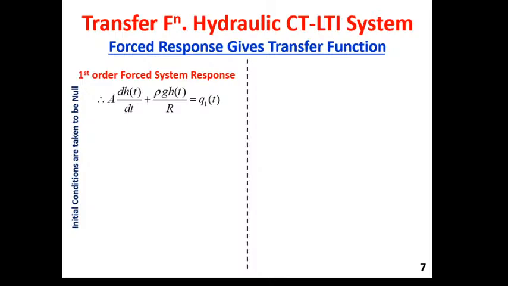The initial condition appears only in the case of H(t), that is sH(s) minus H(0-), and that H(0-) we are considering to be null. That is, initially there was no water stored in the container. That was the basic assumption; it was an empty container initially. With that we are going forward. Again the same equation is repeated, that is the first order forced system response. Now the agenda is finding the transfer function.